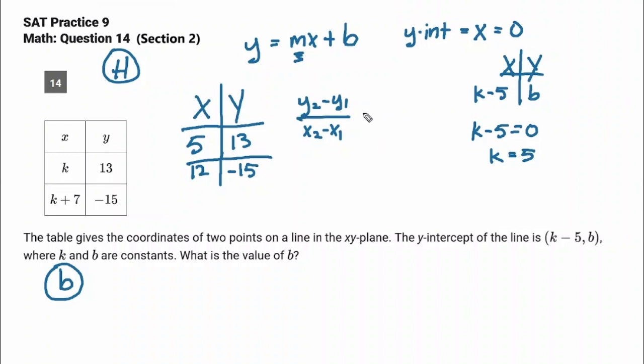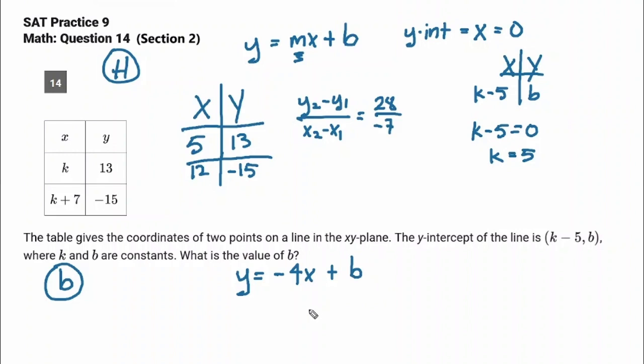That's 13 plus 15, 28. Okay, so I started with 13, so I got to start with 5. 5 minus 12, what's that? It's negative 7. 28 over negative 7, what's that? It's negative 4. So my line is y equals, the slope is negative 4, x plus b.